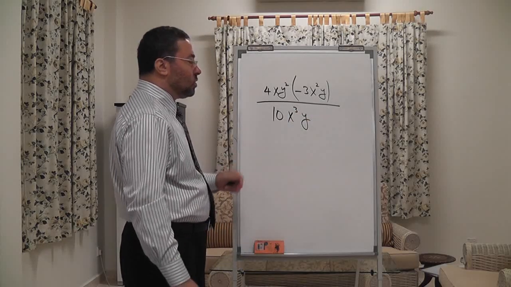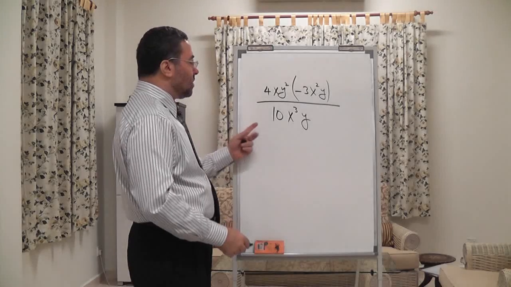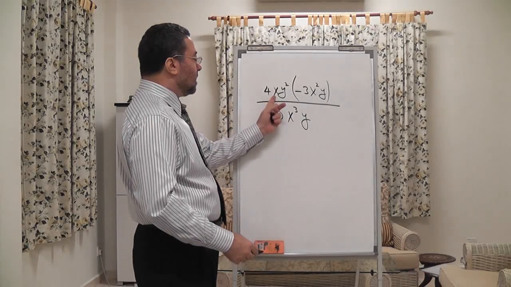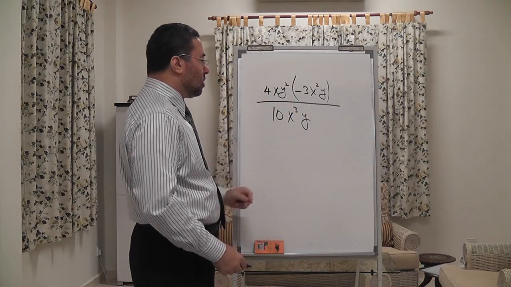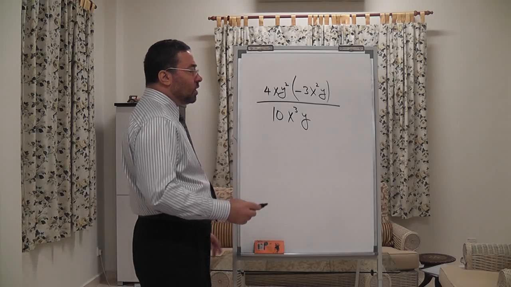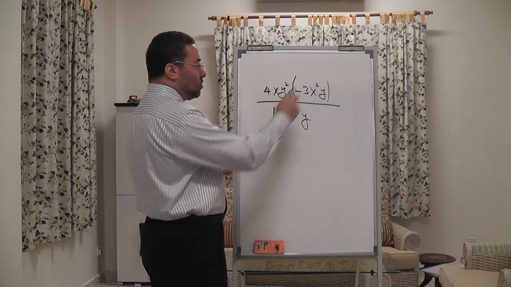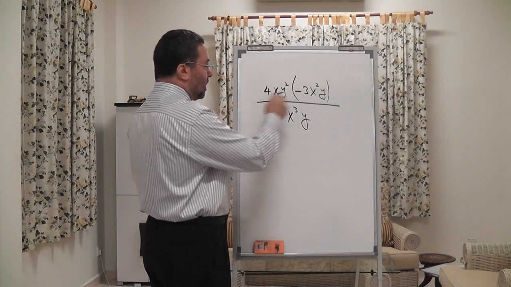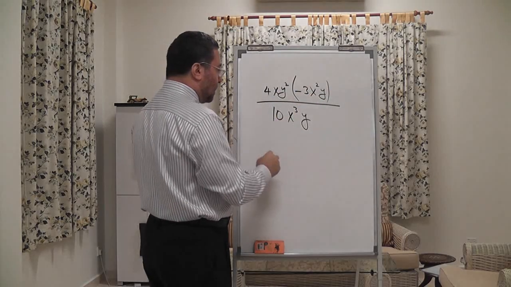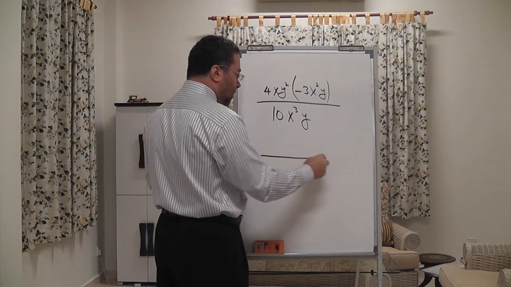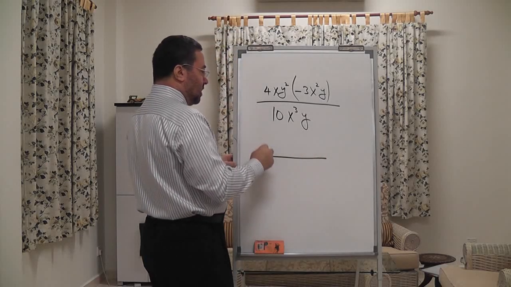There are many ways of doing this. You can actually do it mental math and cut the x's in the numerator with the ones in the denominator and so on. Or you can divide this by this alone and then do the multiplication. Or you can do the multiplication and then divide. And that's what we are going to do. It's safer to do it this way.